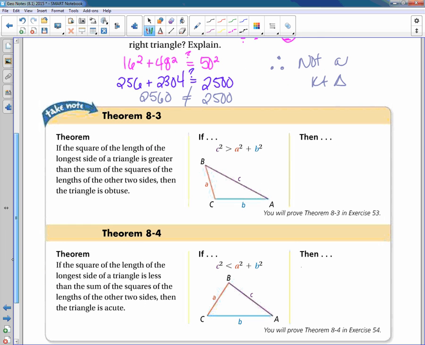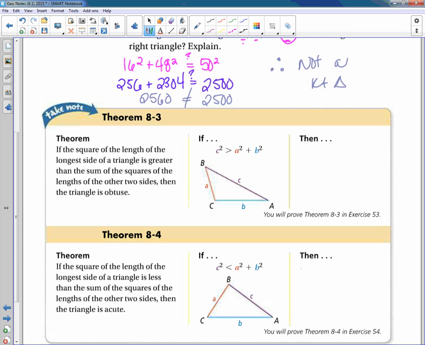Now, another relationship that we haven't really explored before now is the acute and the obtuse triangle. Using the a squared plus b squared and c squared relationship, we can actually determine not only if the triangle is right, but if the triangle is obtuse or acute. If the sum of a squared plus b squared is less than c squared, meaning c squared is greater than a squared plus b squared, then we will have an obtuse triangle.